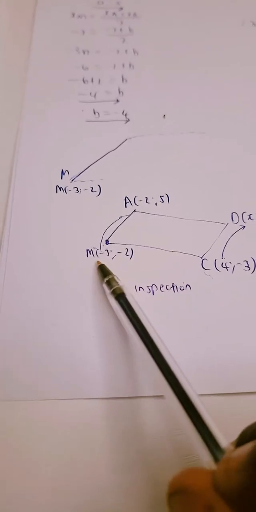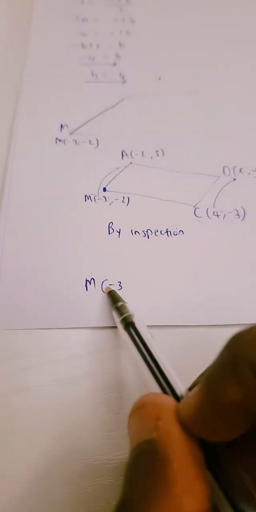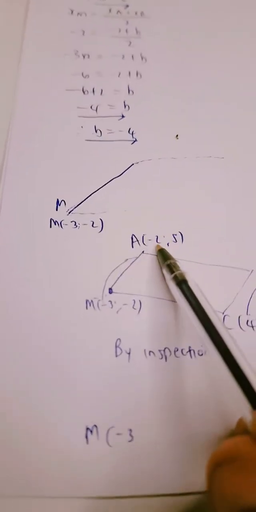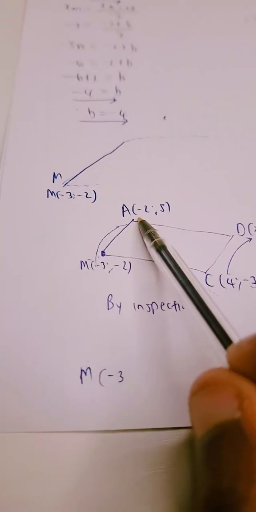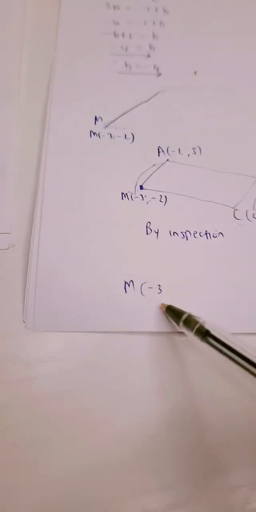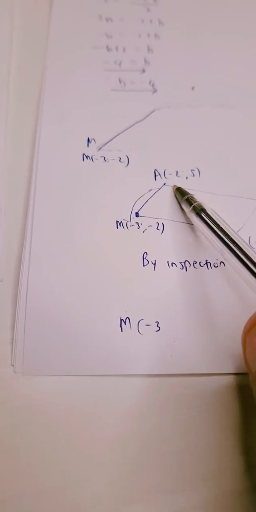So for instance, -3, if you look at the x coordinate of M, what would you add or subtract to this x coordinate to get that one? -3 plus what gives you -2, or is it -3 minus what gives you -2?